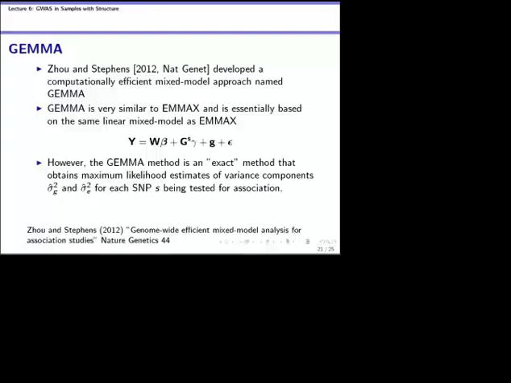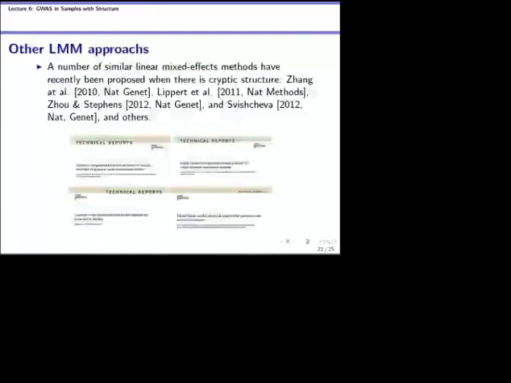In the past few years there have been tons of Nature Genetics papers on this, and to me they've all been doing almost the same thing, with minor tweaks here and there to speed up these methods. There was a paper last year by Alkes Price and others, and a recent paper this year. So linear mixed models have quickly become the method of choice for association testing in samples with structure.